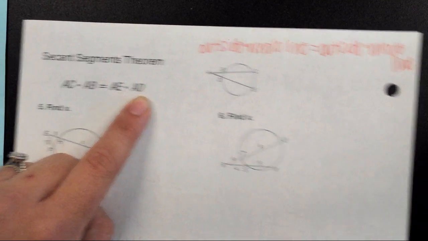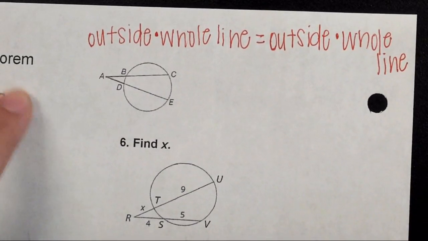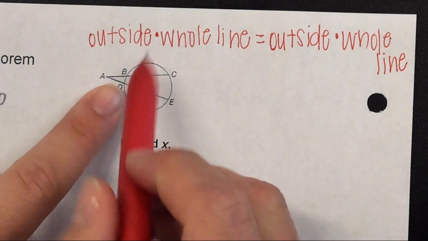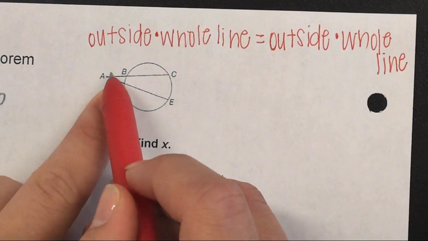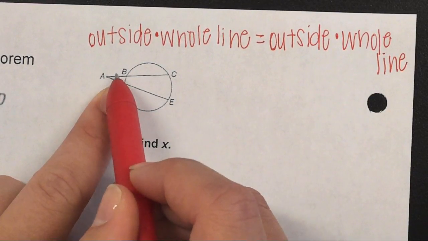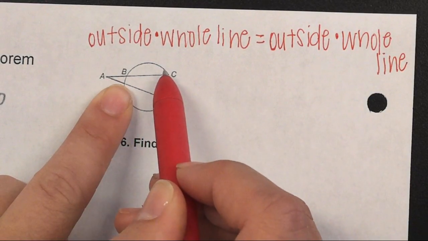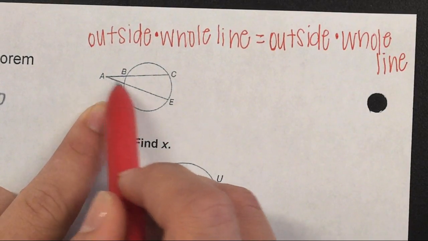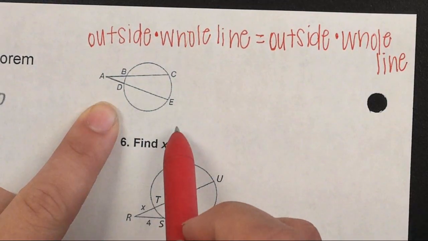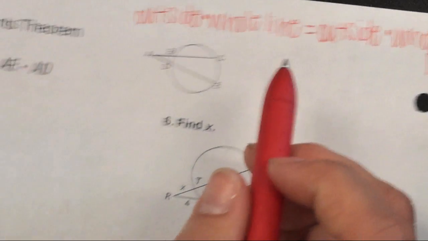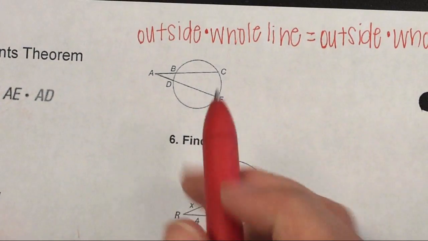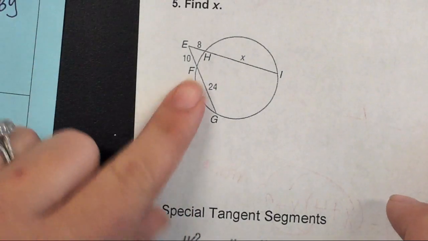And what I mean by that is, so on this line, AC, we're going to multiply AB times AC. And then AD times AE.